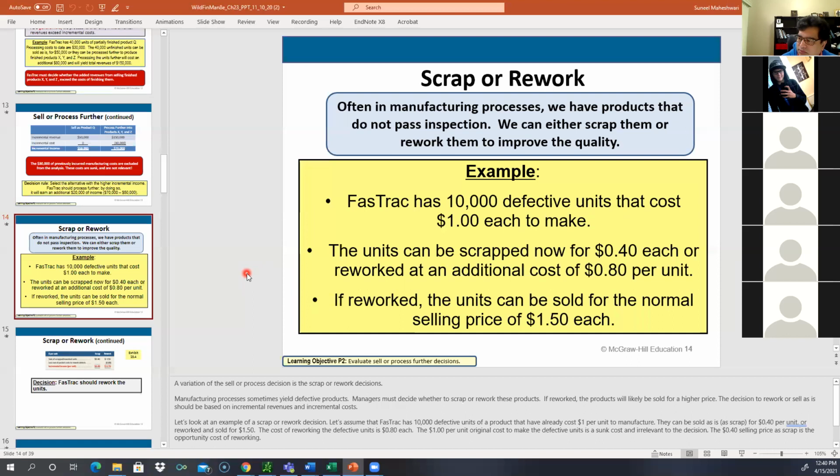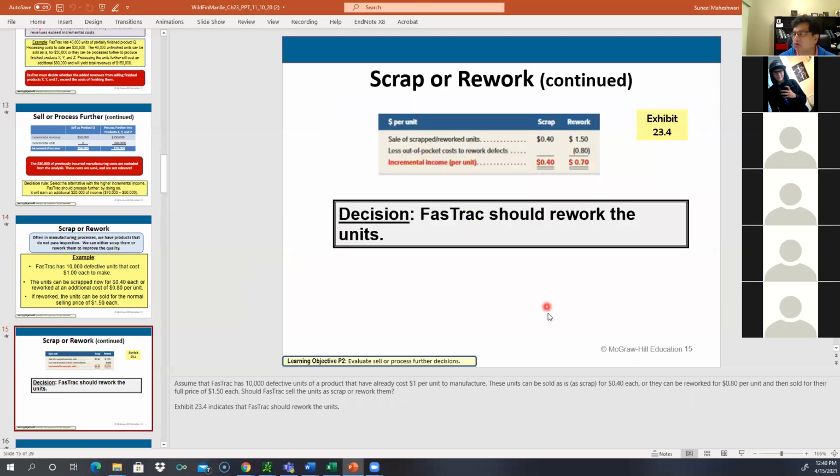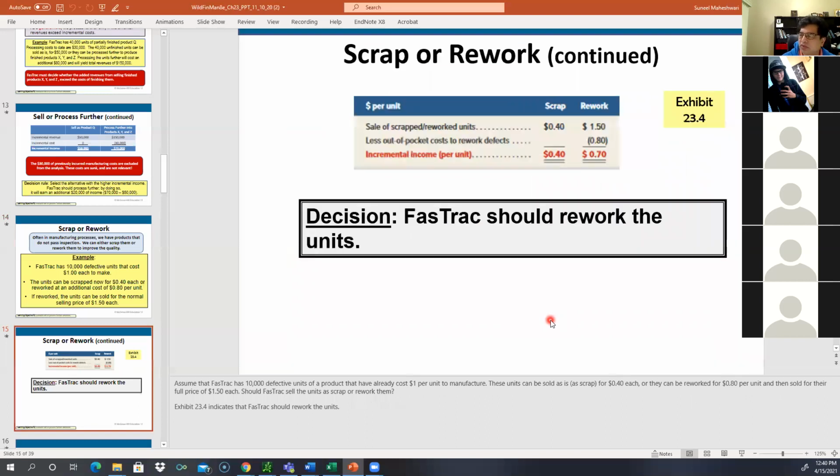I think you should rework the units. So again, same concept. If you rework the units, you will have an incremental income of about 30 cents. You can sell it as is, or you can sell it at $1.50.